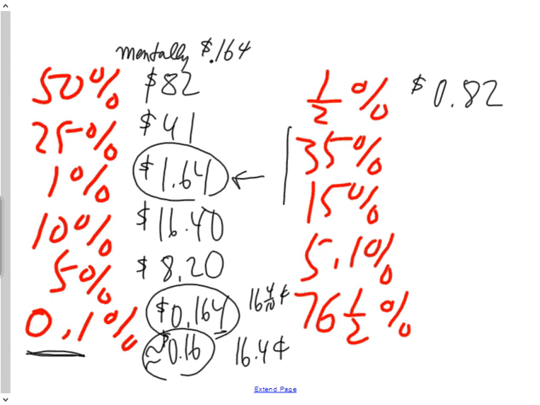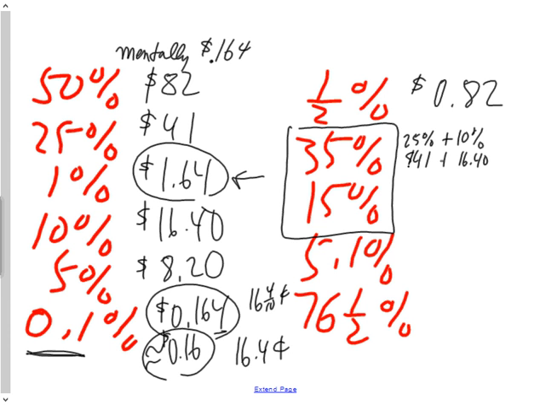And now these 2 questions are really questions you would have seen in grade 7, because 35% can be achieved by taking 25% and adding 10% to it. So 25% is $41. 10%, as we already know, is $16.40. So add those together, you would get $56.40, which is what 35% is. Oh, 57? 57, thank you.